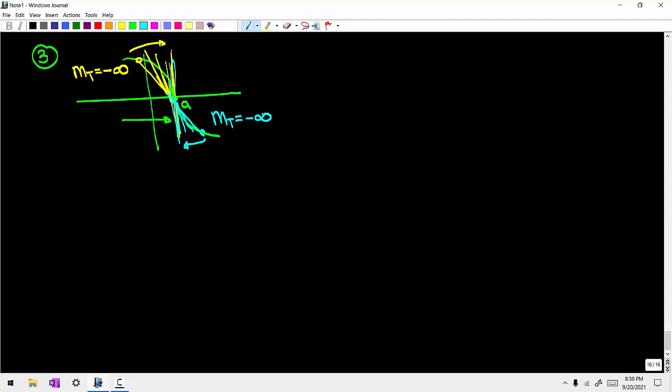When I say bigger, I'm saying bigger in magnitude, not in sign. Since the two slopes are the same, we'll end up with something called a vertical tangent.